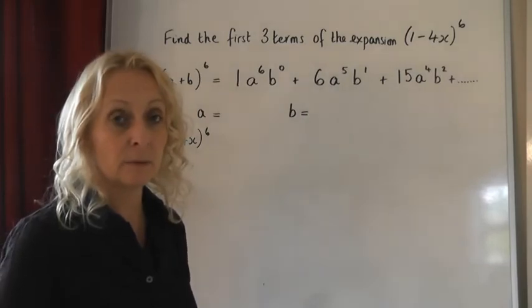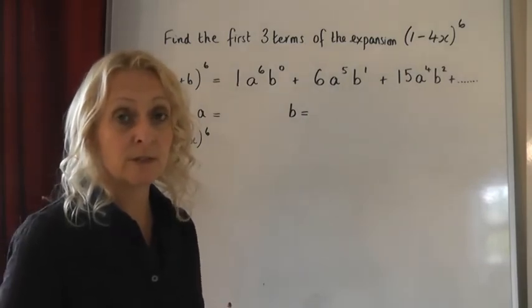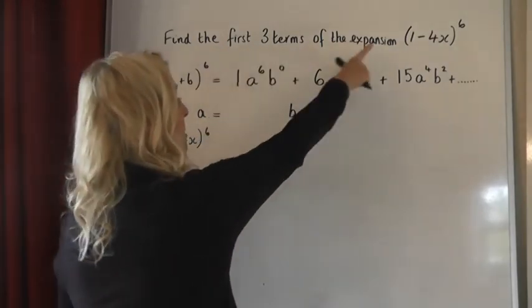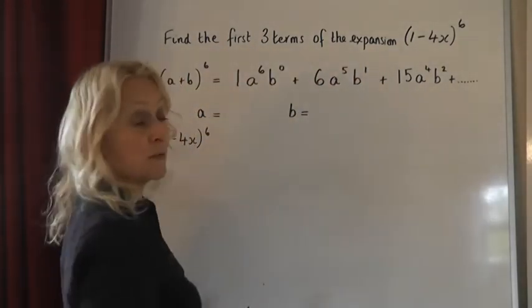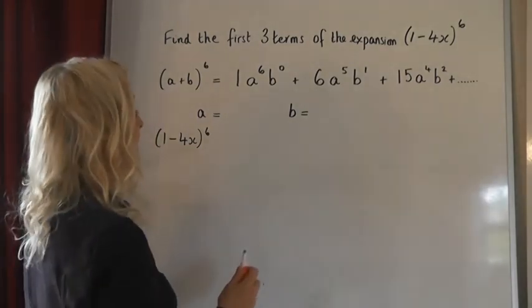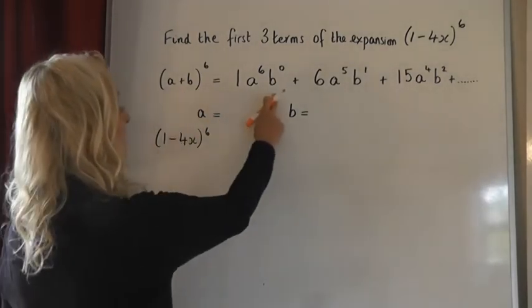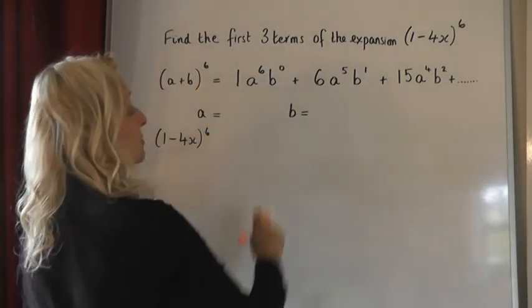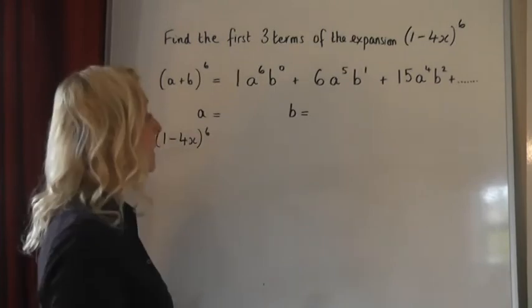Here's another example. This one's going to be a little bit easier if I do it on the whiteboard. I want to find just the first 3 terms of that expansion, 1 minus 4x to the power 6. First thing I need to do is identify that this is how the expansion works for a plus b to the power 6. So there's the first 3 terms which we found earlier.